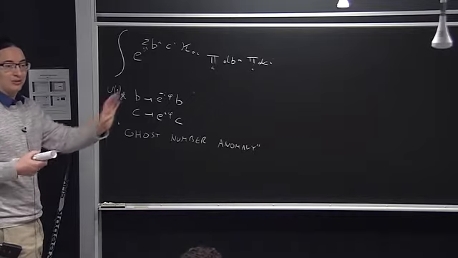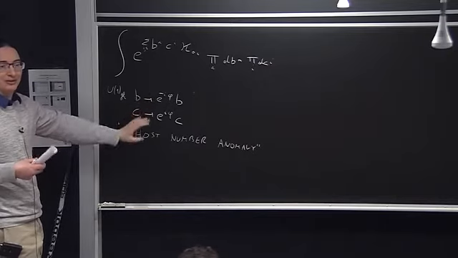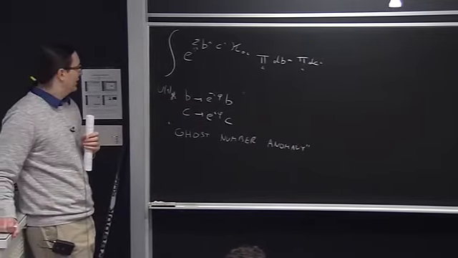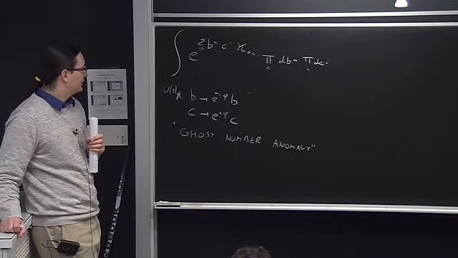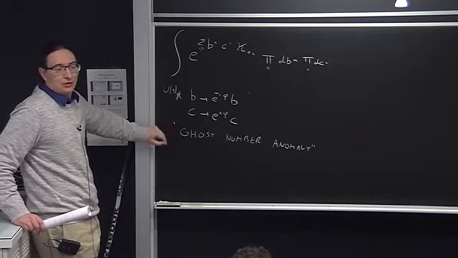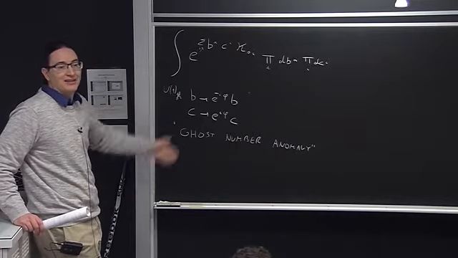And this will matter a lot when we compute string theory amplitudes. We'll come back to this again today and tomorrow. And so this Gauss number anomaly can be computed even when you have infinitely many B's and C's.